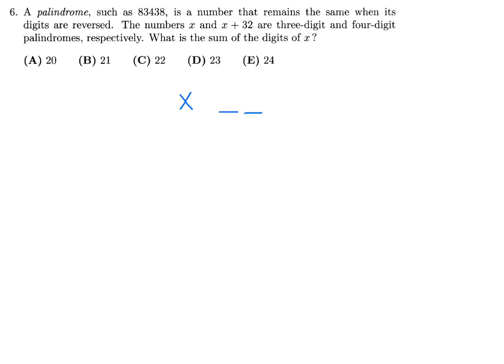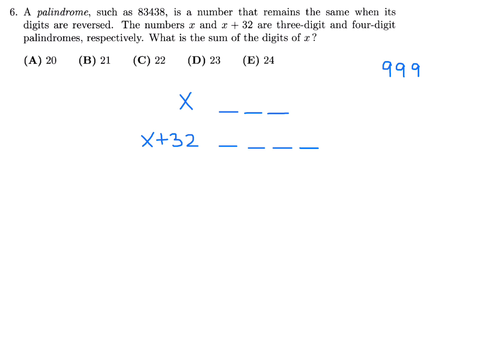So x is 3 digits and x plus 32 is 4 digits. So that immediately tells me that x is sufficiently close to 1,000, right? Because as soon as you add 32, it becomes a 4-digit number. So I'm just going to play around with numbers close to 1,000. I'm going to try 999 first.